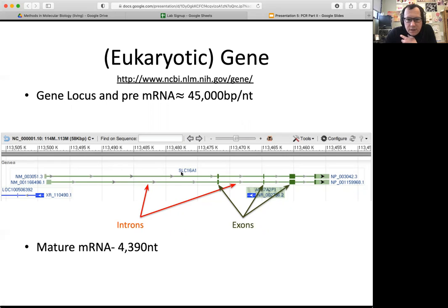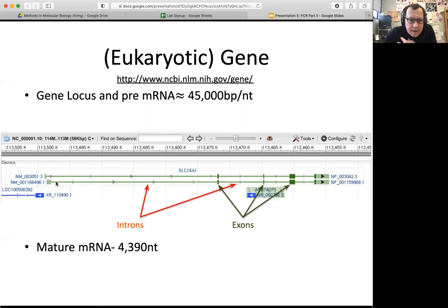This whole region gets transcribed off of the genome. But in messenger RNA processing, or splicing, there are regions of the RNA that get cut out. Those regions that are cut out are called the introns, and the regions that stay in the messenger RNA are considered the exons.